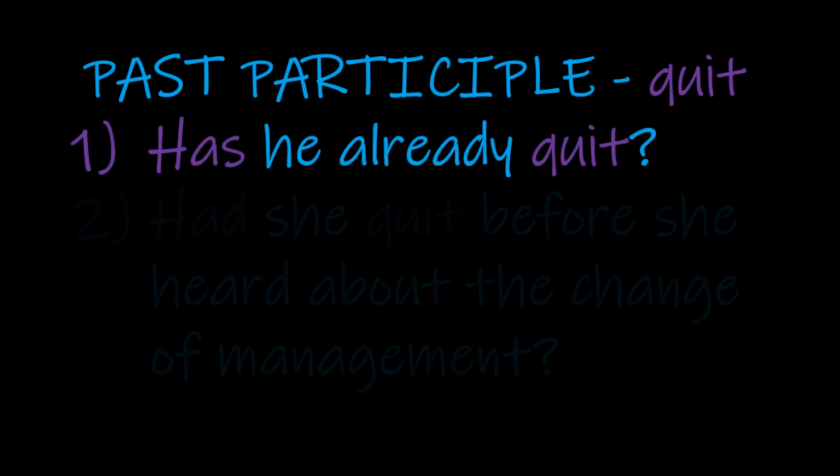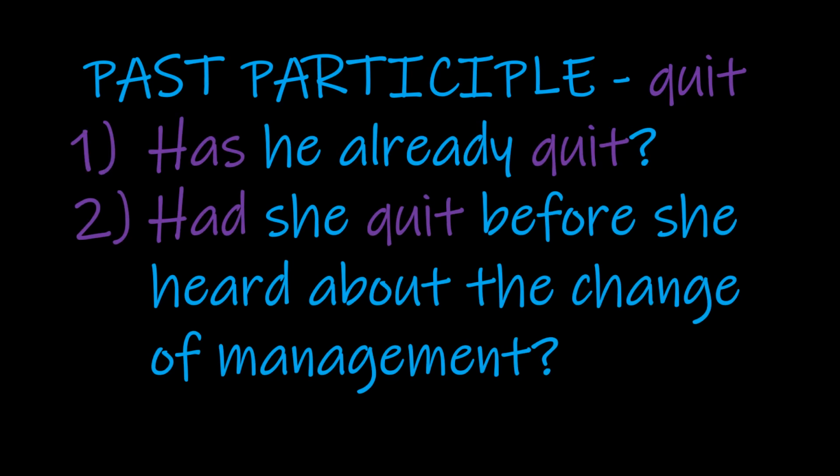Okay, so then we've got some past participle constructions. So sentence number 1, has he already quit? That's here and now. So I would be asking this question if maybe I'm at work and I'm looking around, one of my colleagues isn't at his desk. I might turn to somebody else and say, has he already quit?